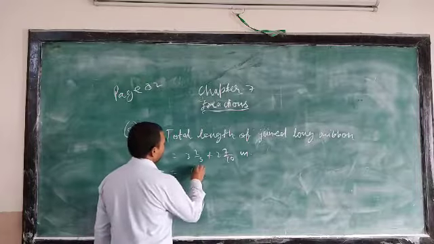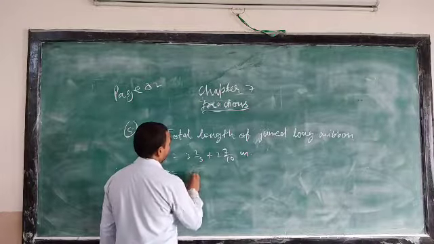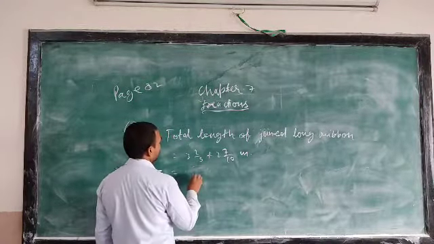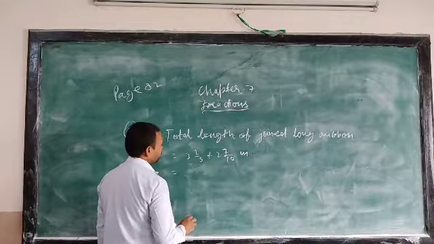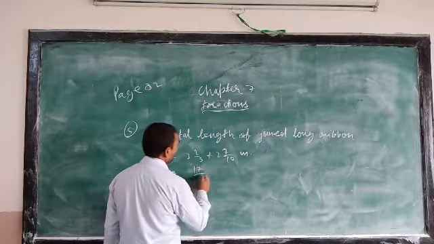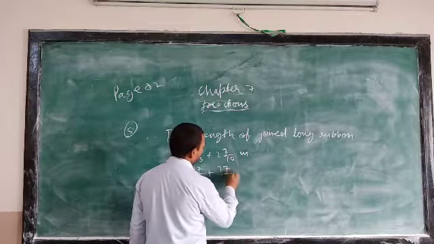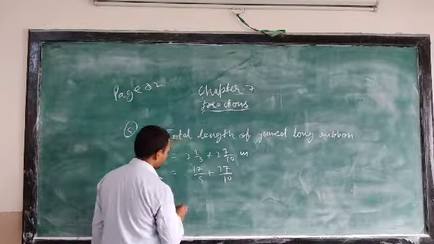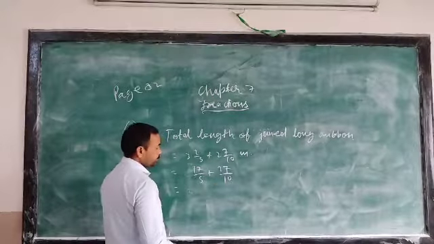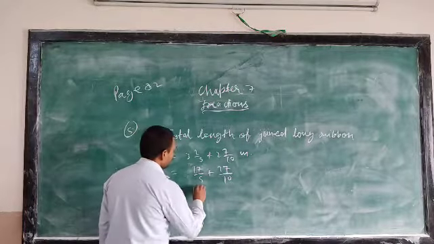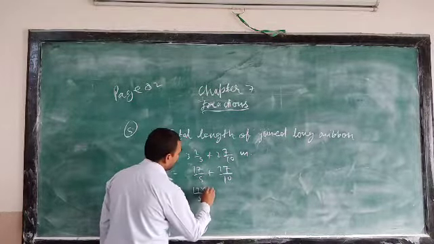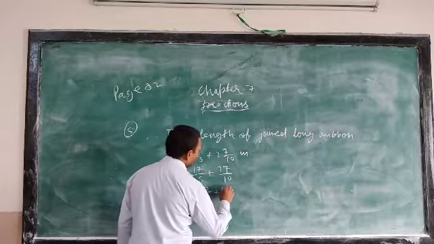5 threes are 15 and 2 is 17, so 17 by 5; and 2 tens are 20 plus 7 is 27. LCM of 5 and 10 is 10. 17 by 5 multiplied by 2, and 27.